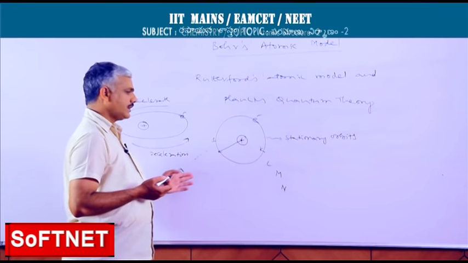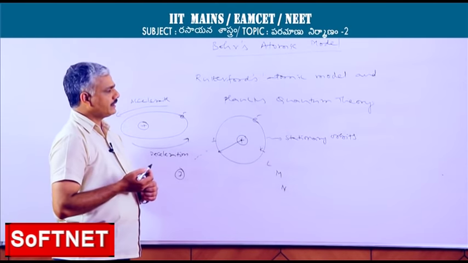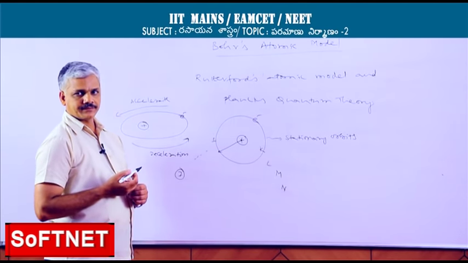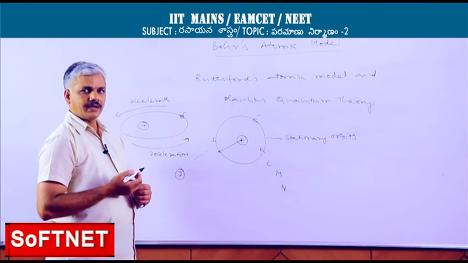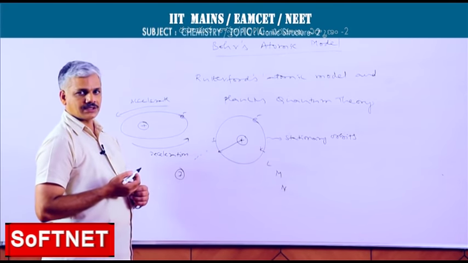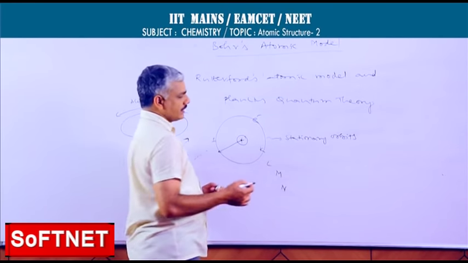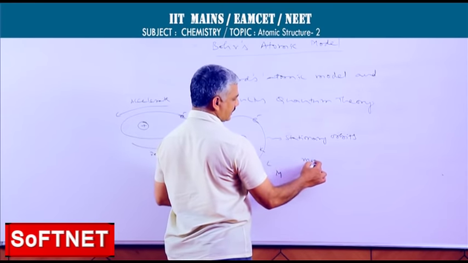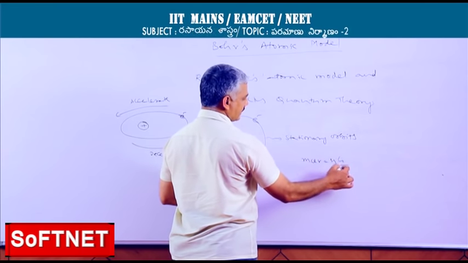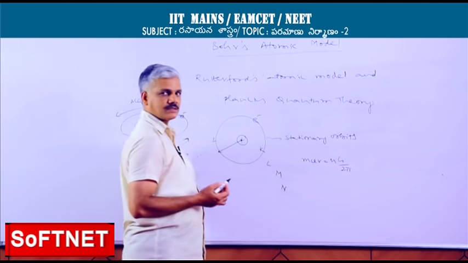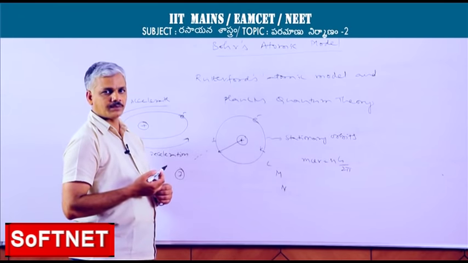Now, when so many orbits are available where the electron can stay, that is pre-decided by a condition called the quantization of orbit condition. Mathematically, it can be represented like this: mvr = nh/2π.